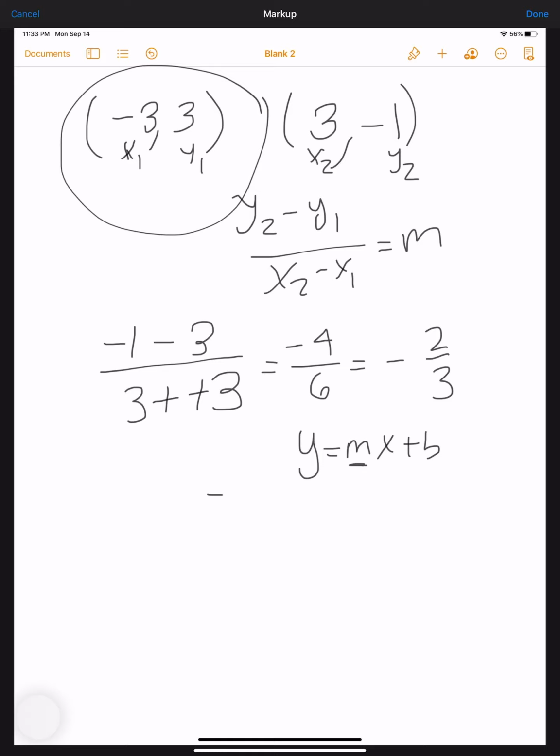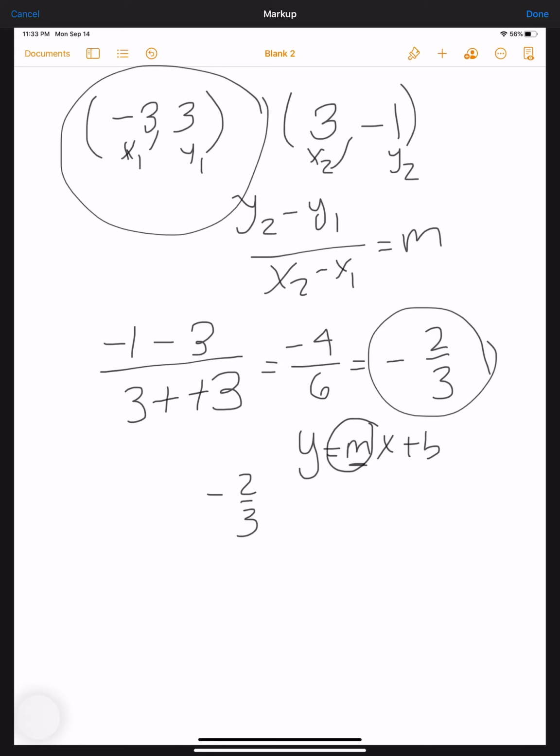And so then you are going to plug those values along with your slope into your y equals mx plus b equation. So now we're going to plug in the information that we have. So far we have our slope, which we gathered from using the slope formula, so -2/3.